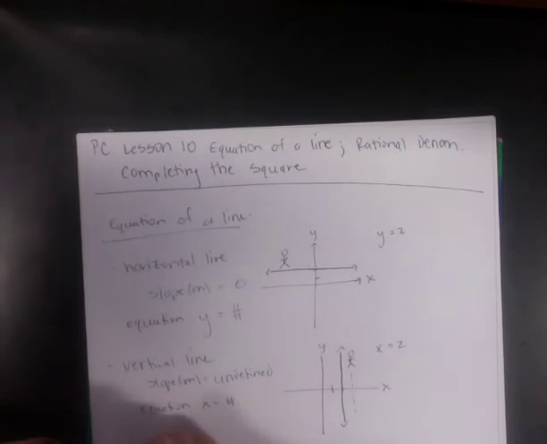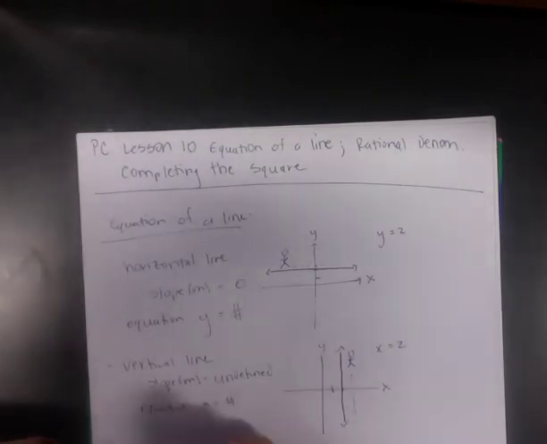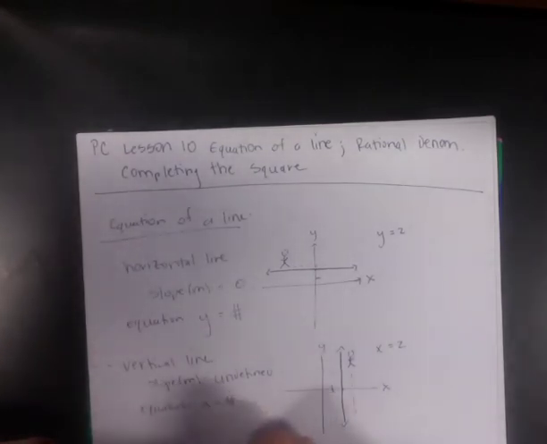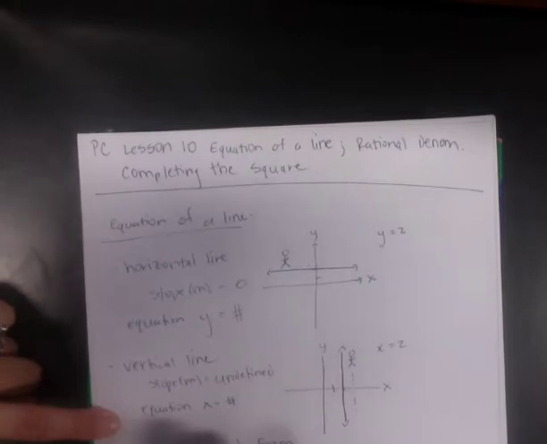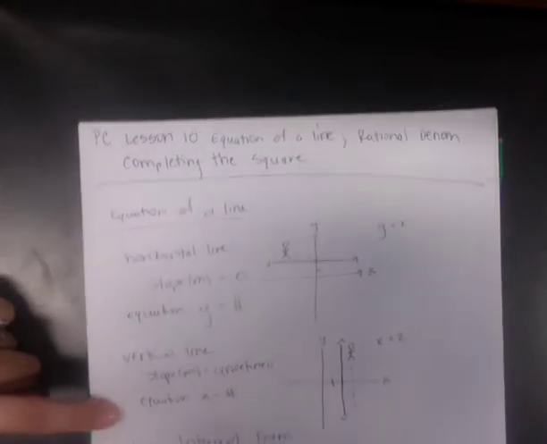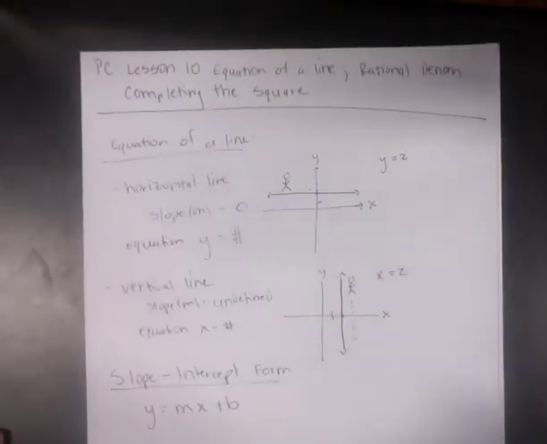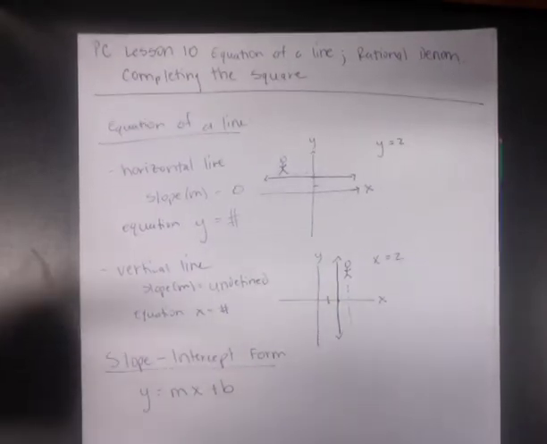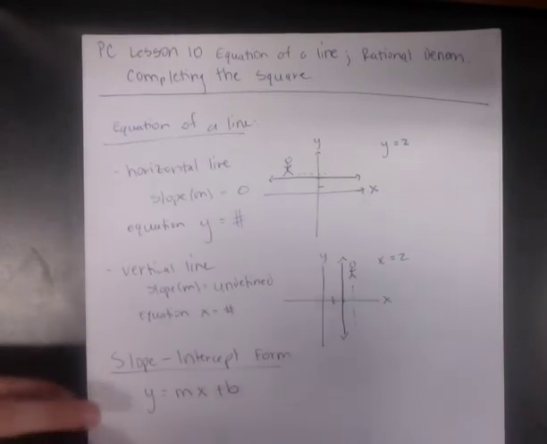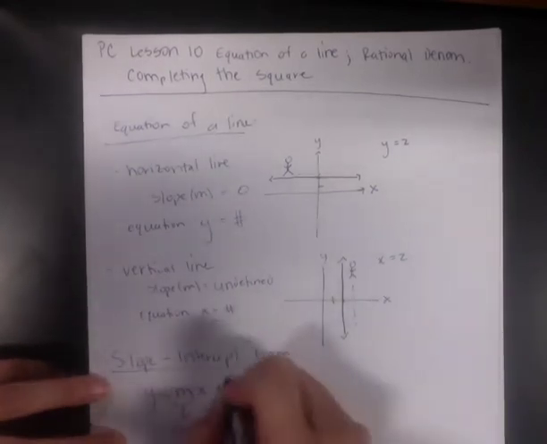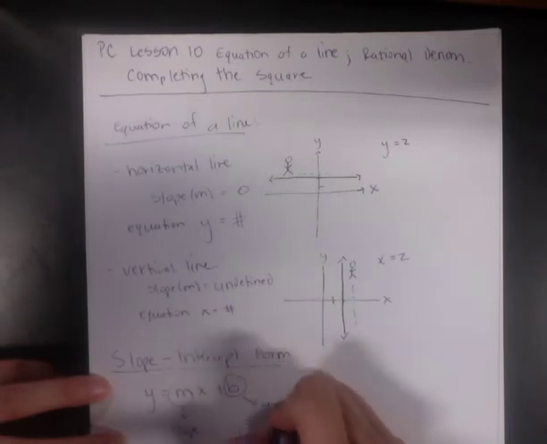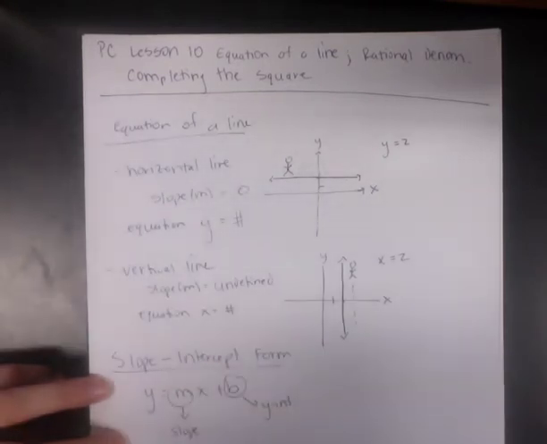Now, one of the most basic and important forms of a line is the slope-intercept form. We have y equals mx plus b. This is the one we use most often, and it's named because we have a slope, which is m, and a y-intercept, which is b.